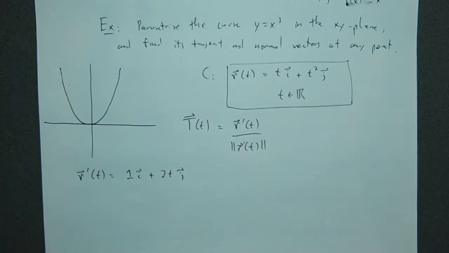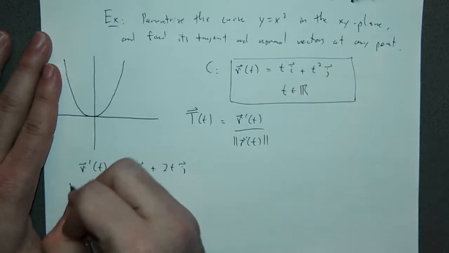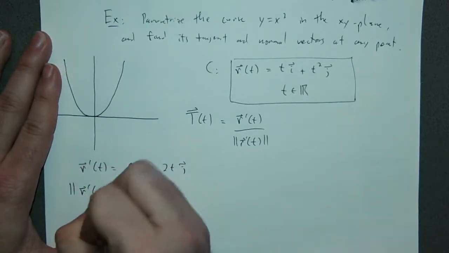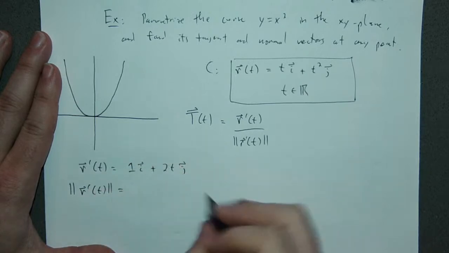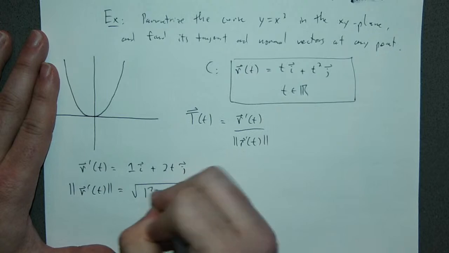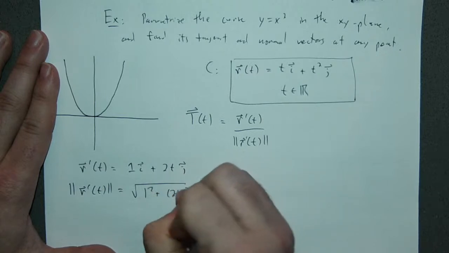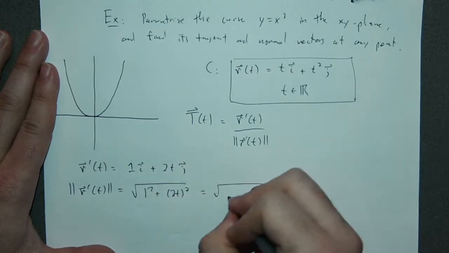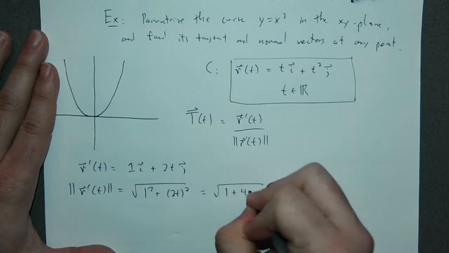Off to a good start. Then the length of r prime of t is the square root of 1 squared plus (2t) squared, which is the square root of 1 plus 4t squared.